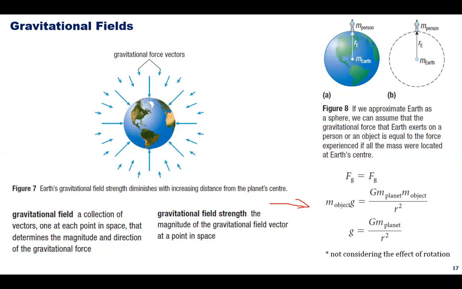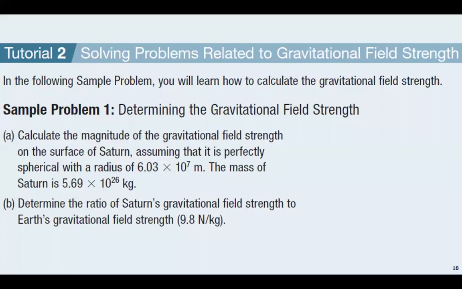So next, let's have a look at a problem that illustrates how we can calculate the gravitational field strength. Okay, so let's have a look at this problem here. First, calculate the magnitude of the gravitational field strength on the surface of Saturn, assuming that it is perfectly spherical with a radius of 6.03 times 10 to the power of 7 meters.